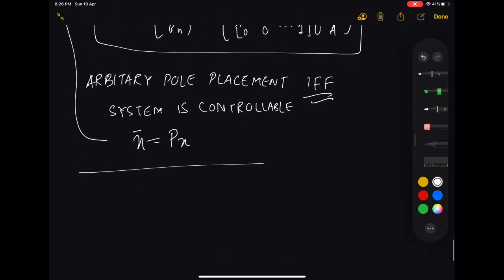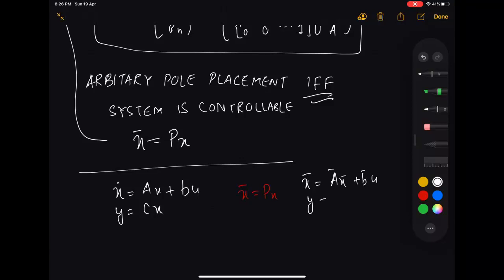So basically your original system was x dot is equal to Ax plus Bu, y is equal to Cx. You transform this using x bar is equal to Px to a system in this form, x bar dot is equal to A bar x bar plus B bar u, y is equal to C bar x bar. And this is the system that you got, which is in controllable canonical form.